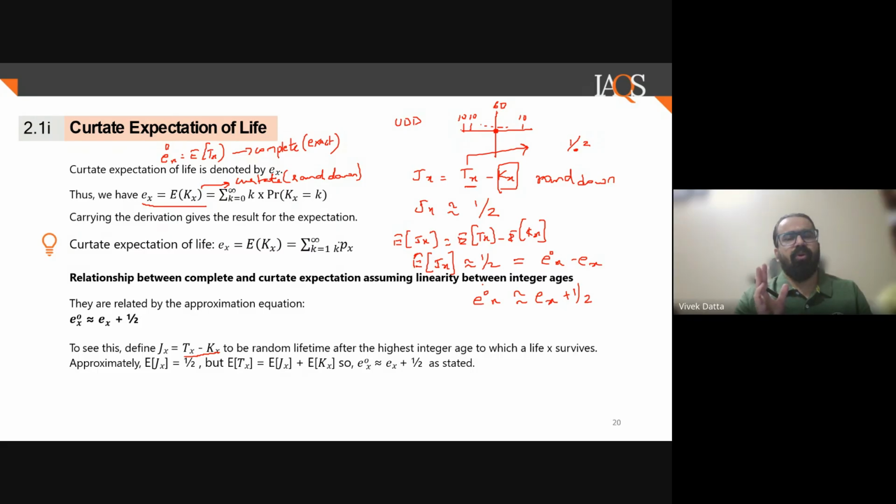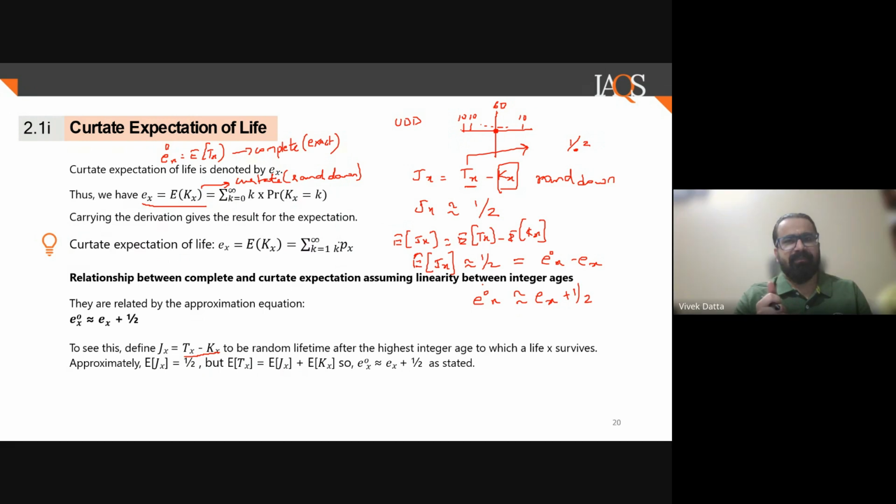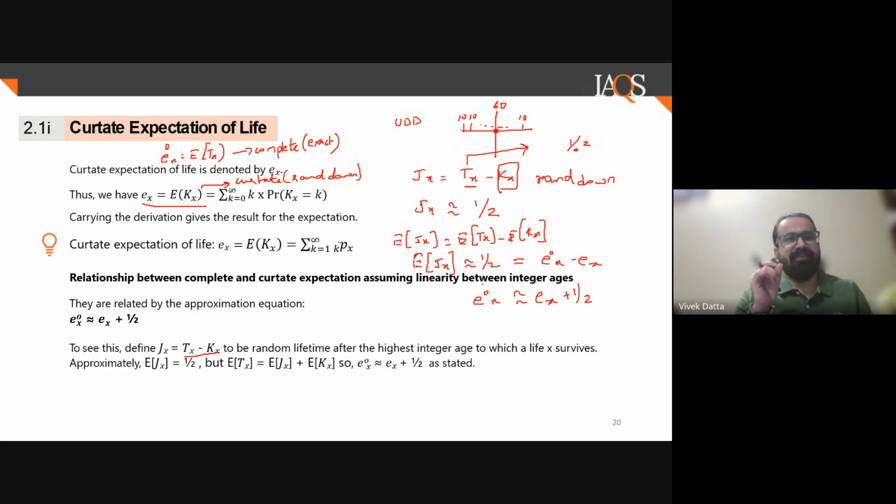Not residue, mod of Tx, the rounded down version of Tx for that corresponding x value. So Jx is the leftover of Tx minus Kx, which comes out to be half, between 0 and 1. Yes. Okay.